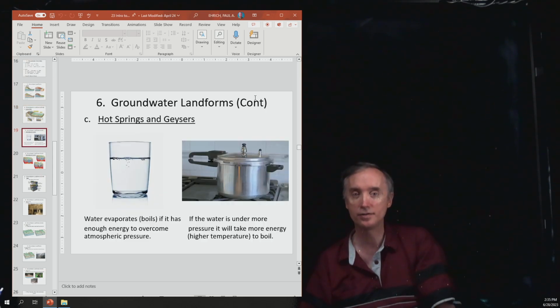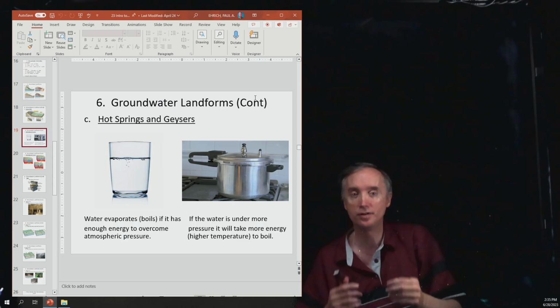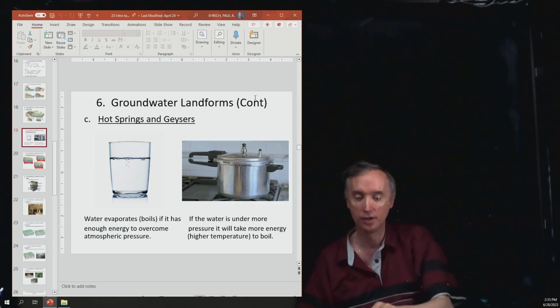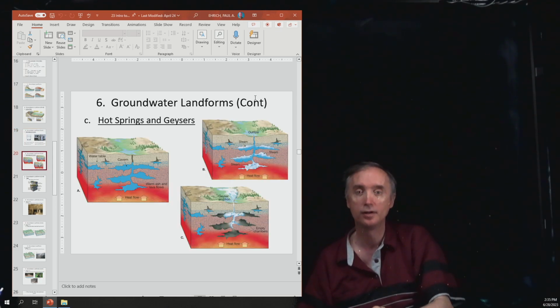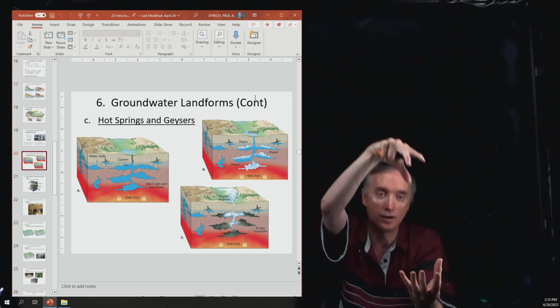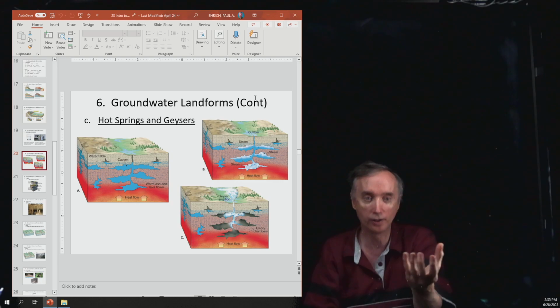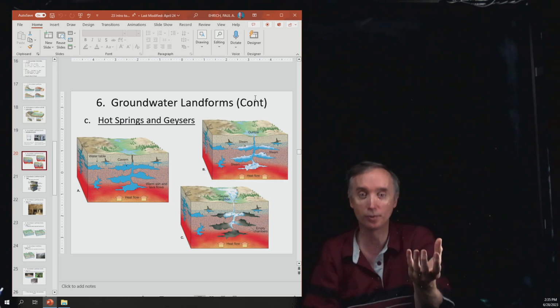Okay, then you've got hot springs and geysers. The principle behind the geyser is that water under pressure is more difficult to boil. So the pressure pushing down on the water makes it more difficult for that water to boil. In the case of a geyser, you have water that's under the ground, and then the pressure of the water that's on top of that water keeps the water down here from boiling until it superheats.